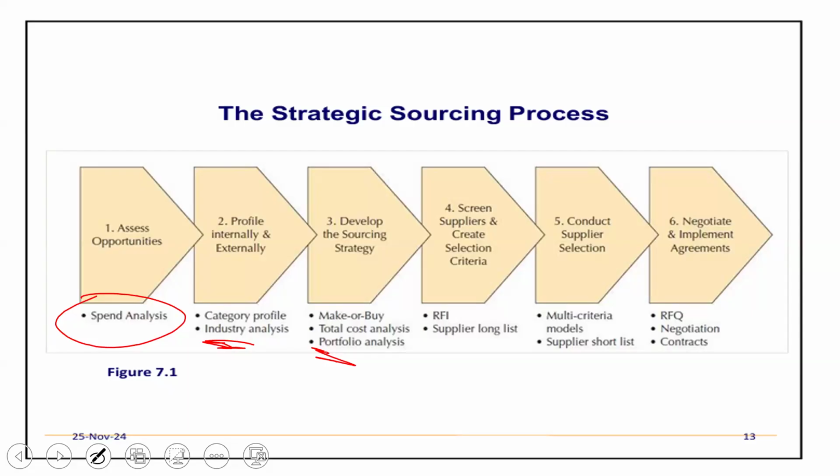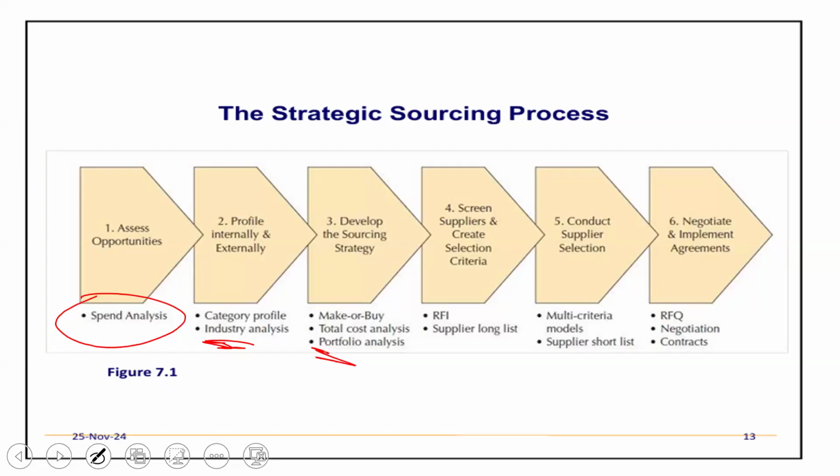In each step you find different analyses. First you find spend analysis, then second the category profile and industry analysis, how you analyze the industry. Then third, develop the sourcing strategy: make or buy, total cost analysis, portfolio analysis.